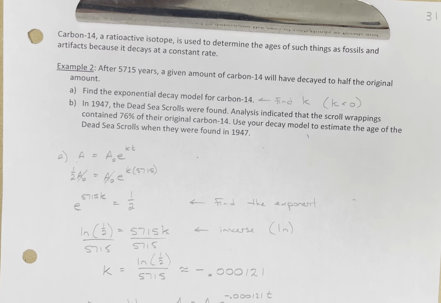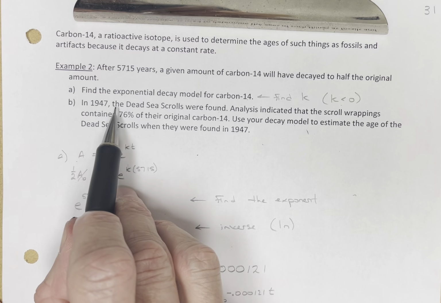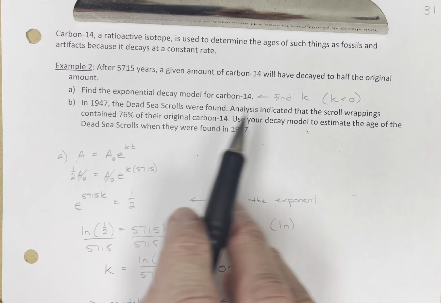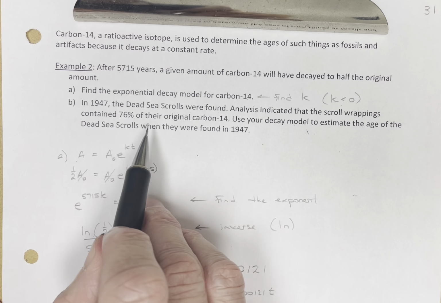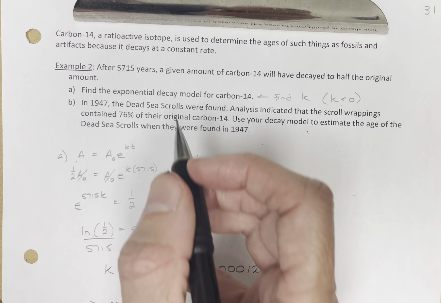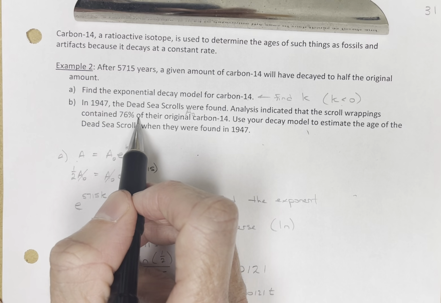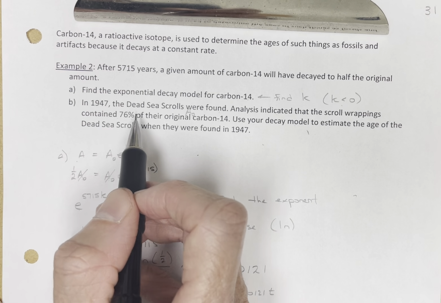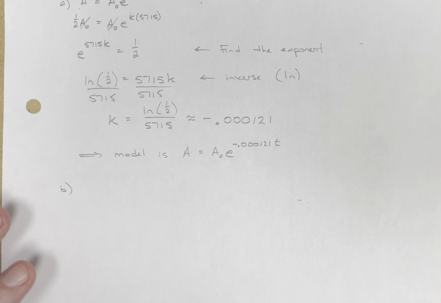Okay, now let's do part B. Part B says, use your model. What they found had 76% of the original. Well, the original is A sub 0, so 76% of it means that A is 0.76 times A sub 0. So let's get our decay model out here.